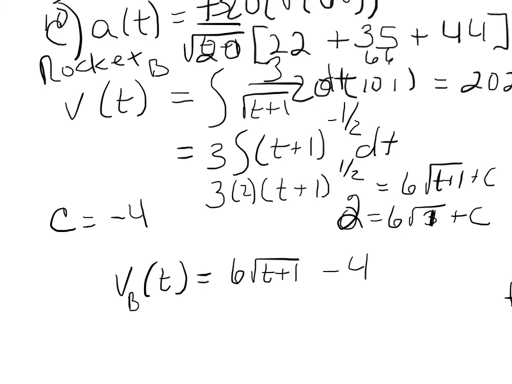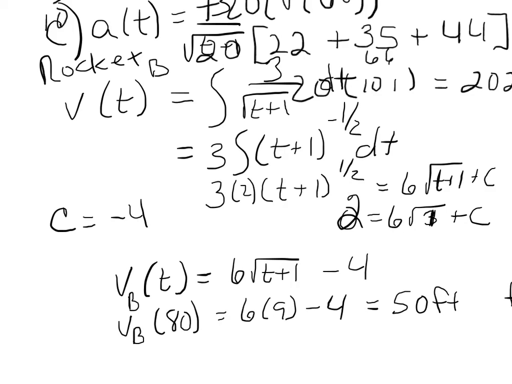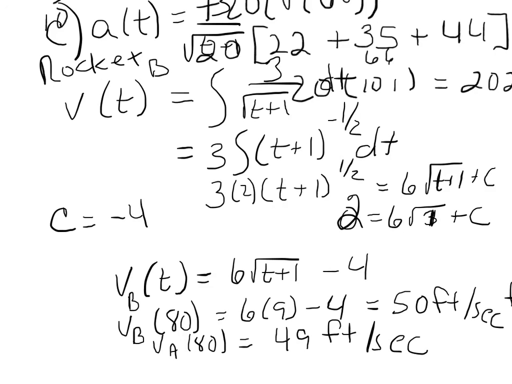Not in this case. So I need the velocity of rocket B at 80 seconds, which is 6 times 9 minus 4, which is 50 feet per second. The velocity of rocket A at 80 seconds is what? 49 feet per second. Which one's traveling faster?